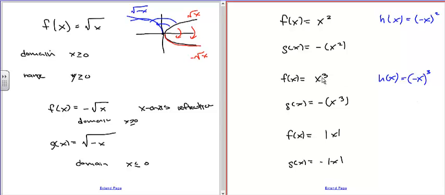Now I have to put the quantity here, in parentheses, because it's not quite as obvious whether, if I just wrote negative x cubed, the negative is associated with the x and that's cubed, or it's the negative of x cubed. So I've drawn the parentheses. In this case, it would be equal to the absolute value of negative x.